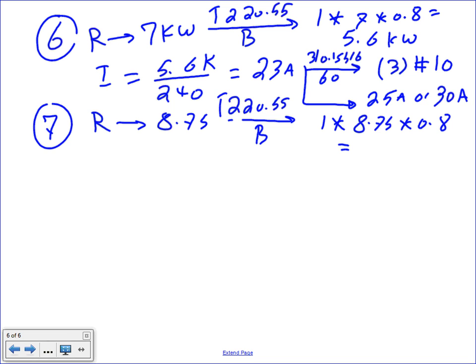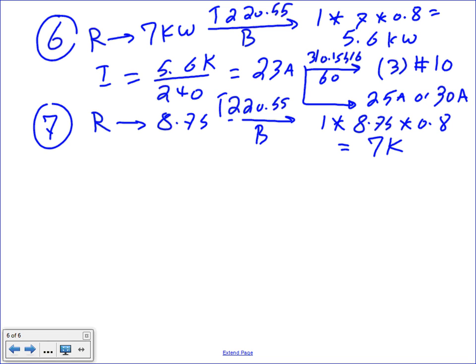Chris, what do we have? You round up, it's 30 kW, 7K.